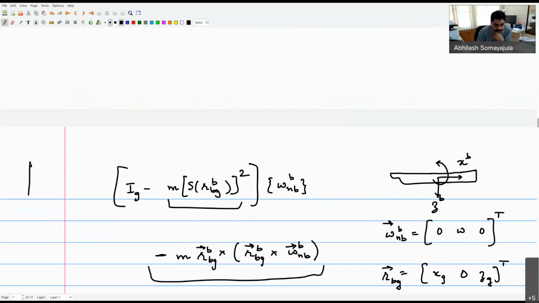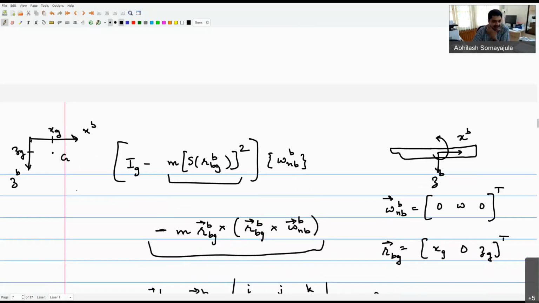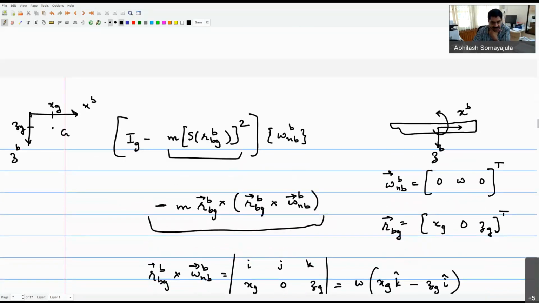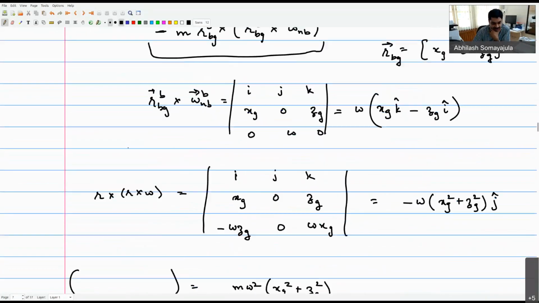which means that if my coordinate point, so let me draw this here, this is xb, this is zb, and the center of gravity is located at some point here, such that this is xg and this is zg. Okay, what it is doing, it is adding more moment of inertia than what I had with respect to center of gravity.